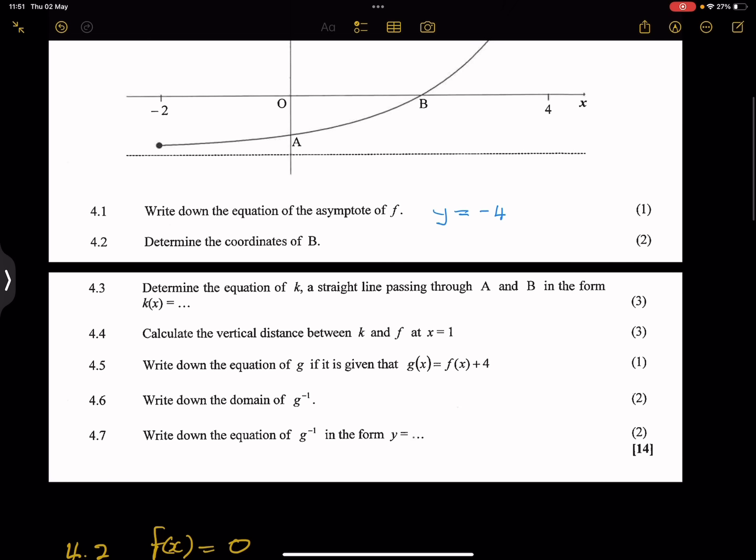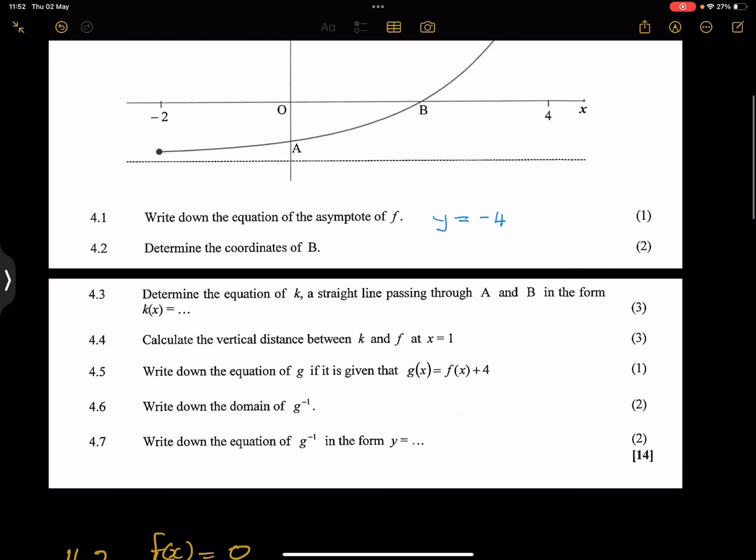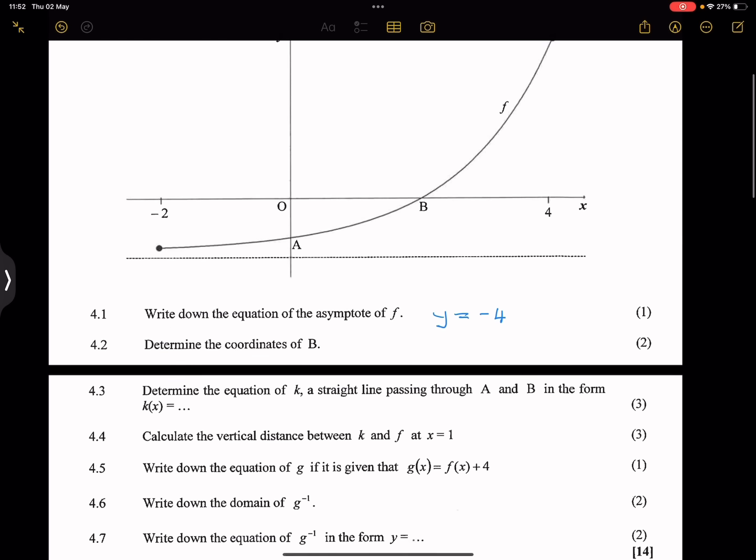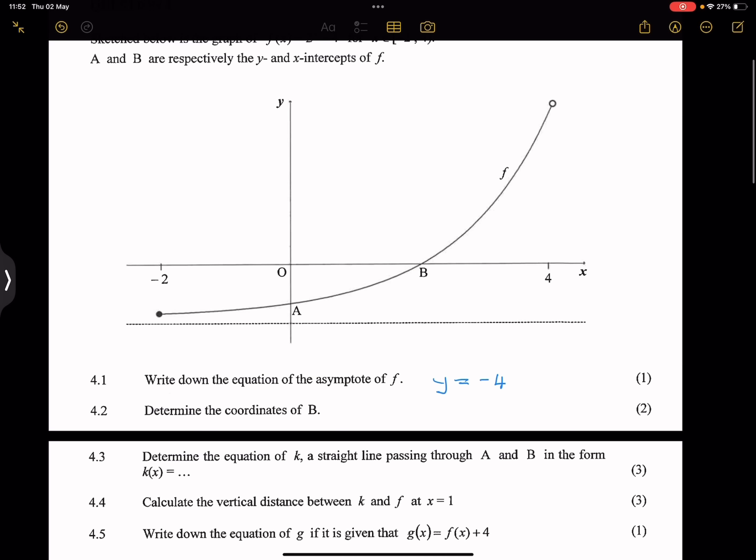Now they say to us, write down the domain of g inverse. Now remember, in this case we are looking at an exponential graph. So for this one here, which was f, the domain, or rather the range for this one, let's see.